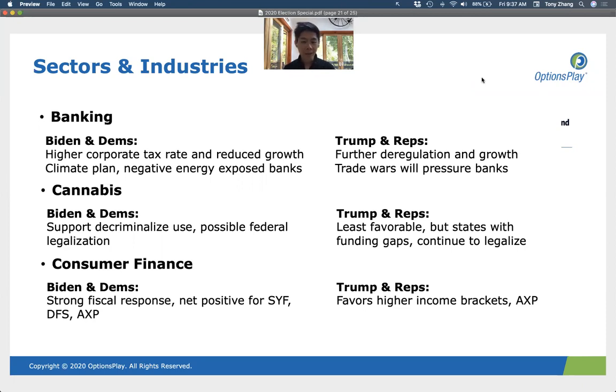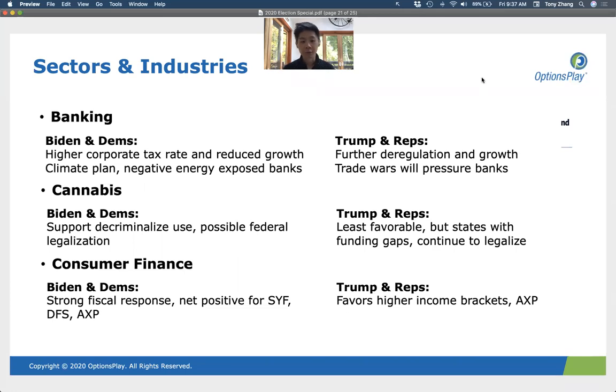So even under what we consider the most restrictive and most negative outcome for the cannabis industry, we still continue to see a push towards decriminalization and possibly even legalization in many states, simply as a result of needing the tax revenue. Will we see federal legalization under the Trump and Republican administration? That is least likely, but we will likely see states move towards deregulation and possible legalization because of the funding issues that many of these states have.